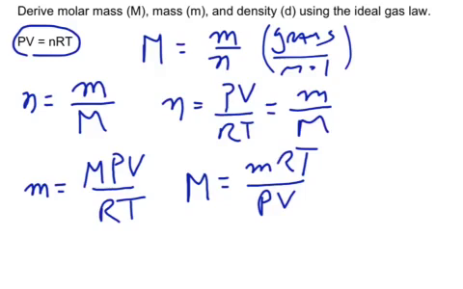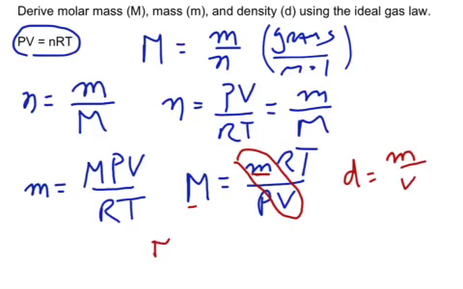The reason I say this one is, if you look really carefully in the middle here, you see m over V, and we know that density equals mass over volume. So we can do a further derivation where we say molar mass is dRT over P.